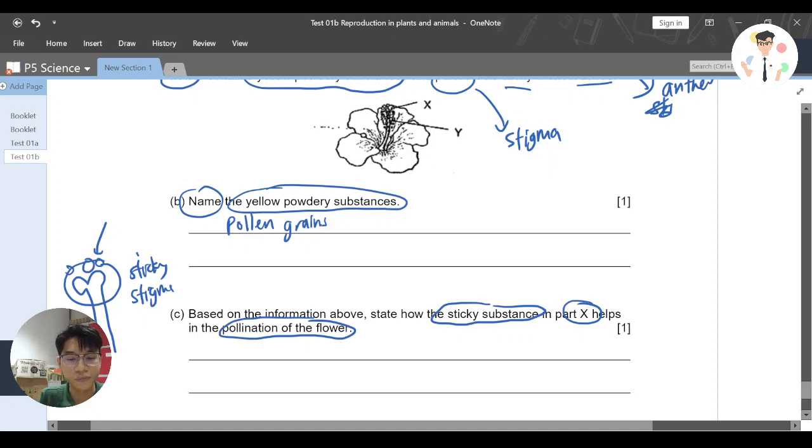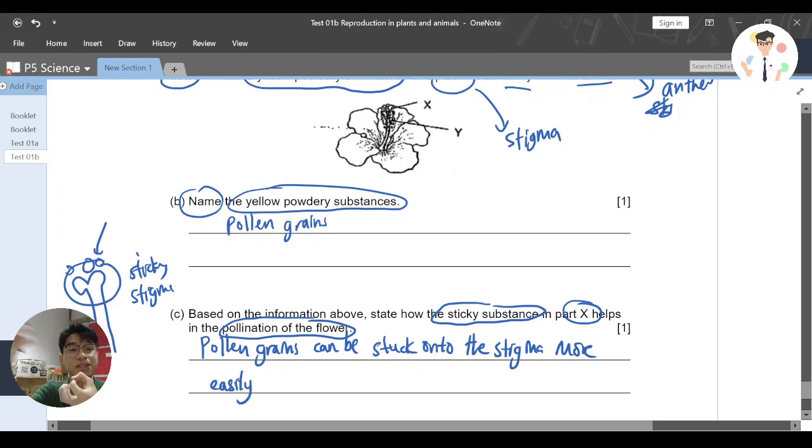So what you can explain here is that pollen grains can be stuck onto the stigma more easily.